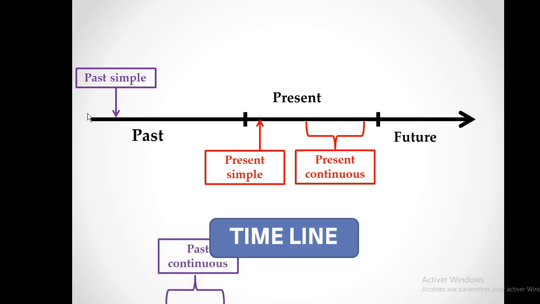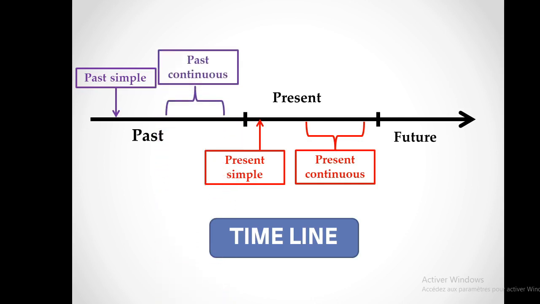Number 4, the past continuous, which expresses an action in the past that continued. And the last, the future simple, which expresses an action in the future. Today's lesson will be about the simple past or past simple.